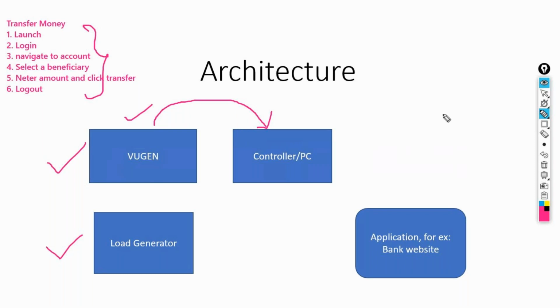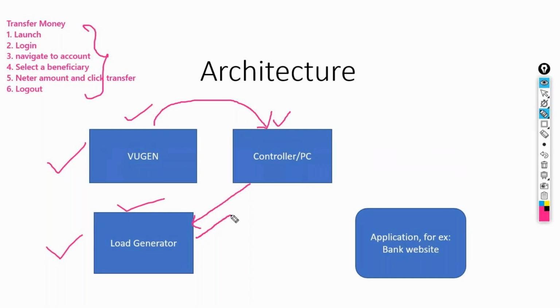Now let's say execution is done. Where exactly does the execution happen? Once you upload it into controller, create a scenario, and trigger the execution, the controller will transfer all the scripts to the load generator machine and the actual execution happens there.